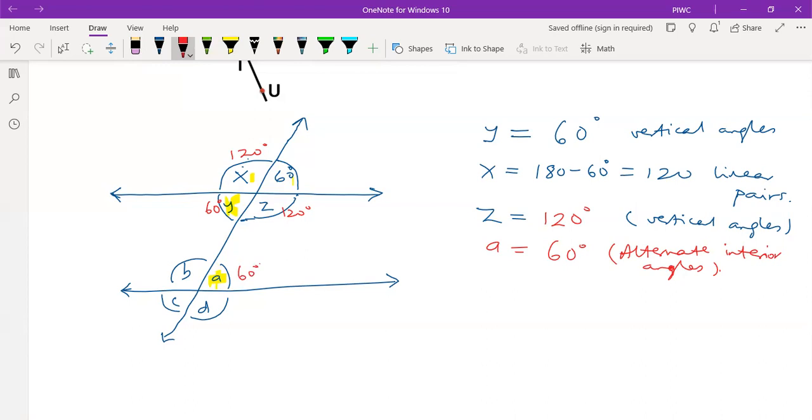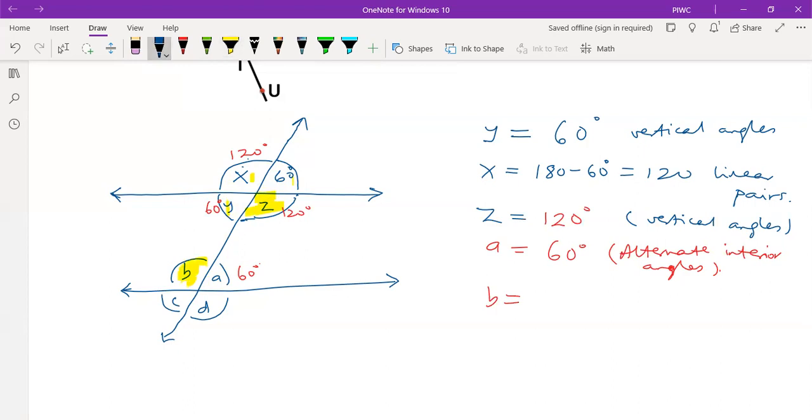We can find B. What will be B? There are two ways we can find B here. If I know that this is X and Z is 120, now Z and B are related by alternate interior angles, all right?